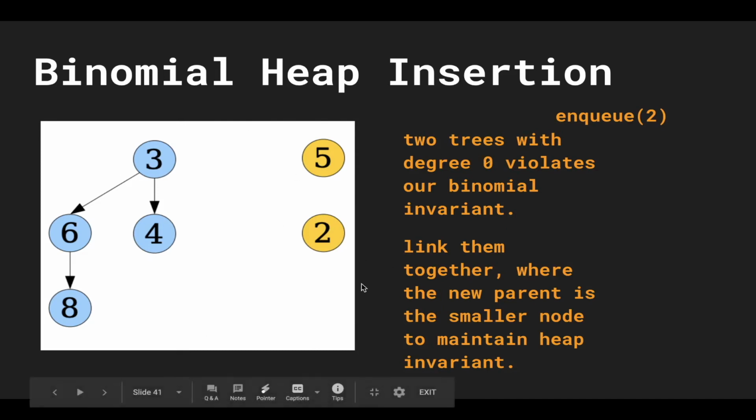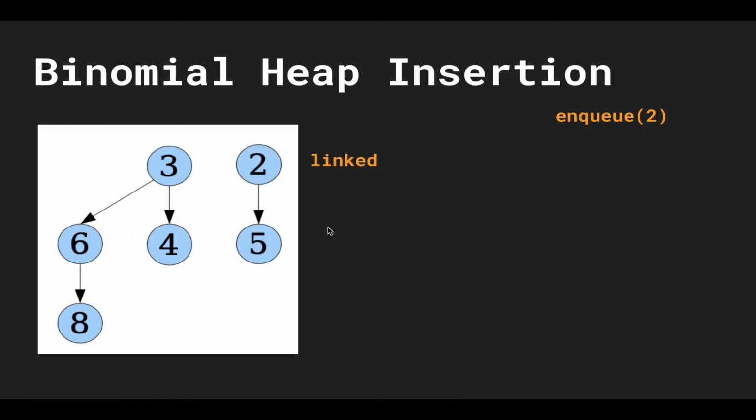So like the union, we're just going to do what the union does and link them together, where the new parent is the smaller node to maintain the heap invariant. So we're going to make 2 the new root, and we link it together. So now we have a tree of degree 1 and a tree of degree 2. So this is the binomial heap that was unioned, and this is the result after we enqueue 2.